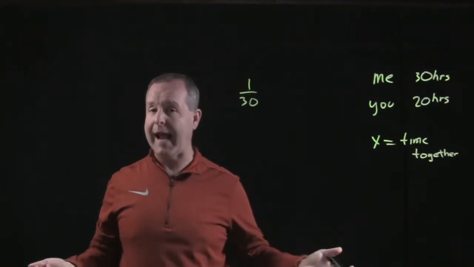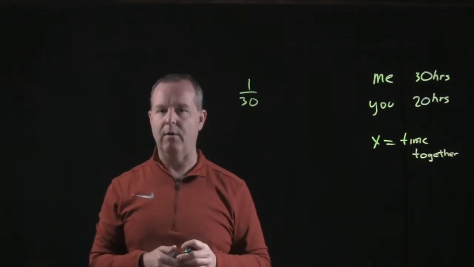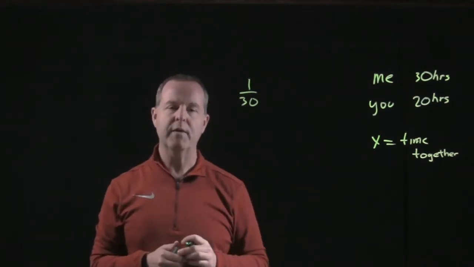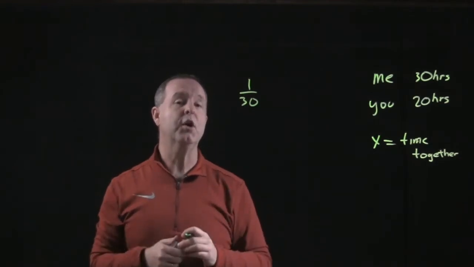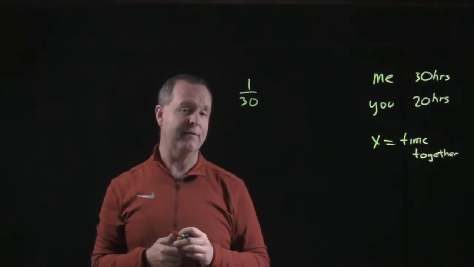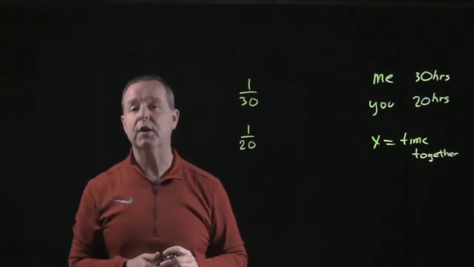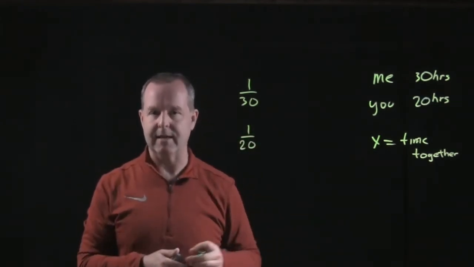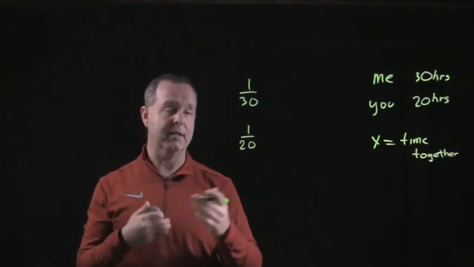If it takes me 30 hours to do the complete job, how much am I going to get done the first hour or every hour? 1/30th. How much work are you going to be able to get done every hour? Well, the amount you're going to be able to complete is 1/20th of the job every hour. Now, we're comparing how much time we work together.